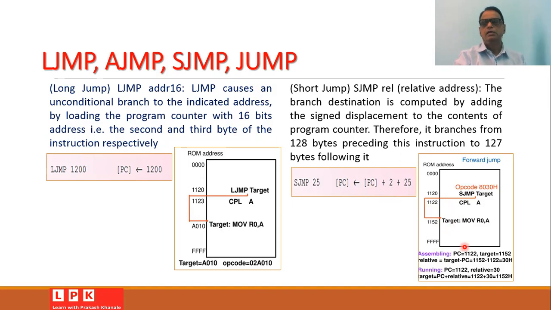In that case the relative address is computed as target minus PC, because the target address is 1152 and the PC address is 1122. Therefore the difference is 30, and this relative address will be added to the PC address to get the target address.